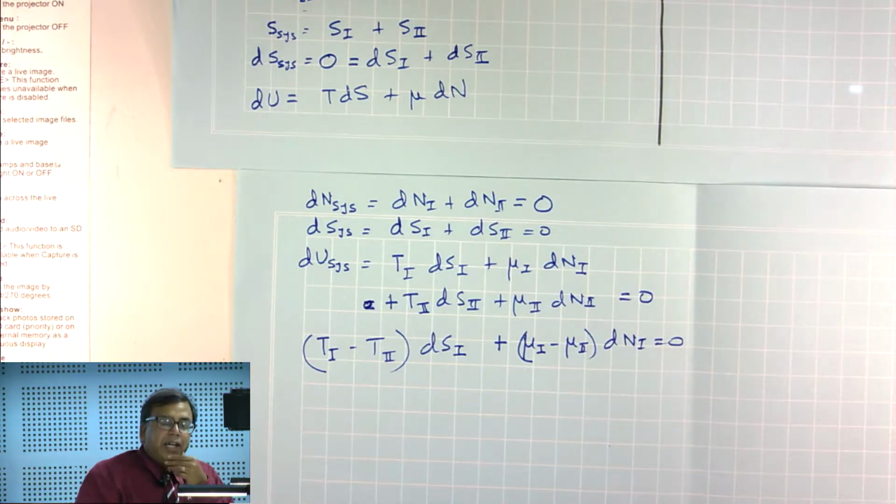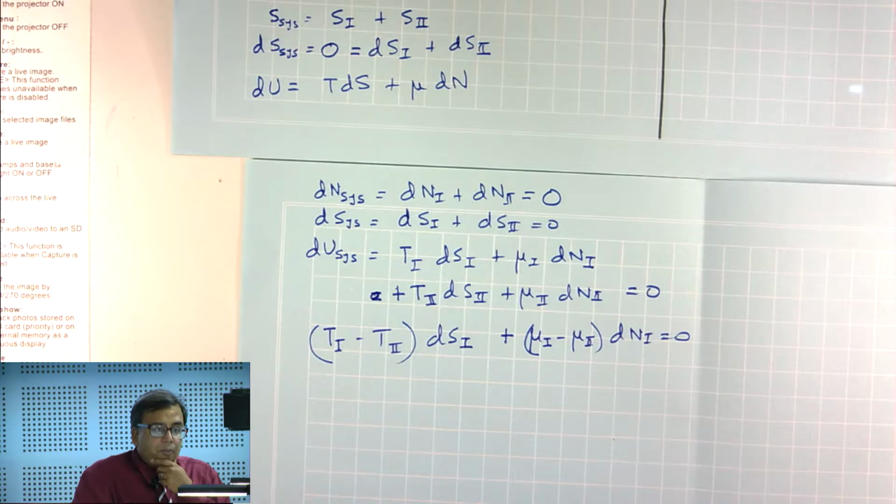Now, S and n are independent of each other, right. So, in order for this equation to be valid, each of these coefficients has to be 0. Does that make sense?